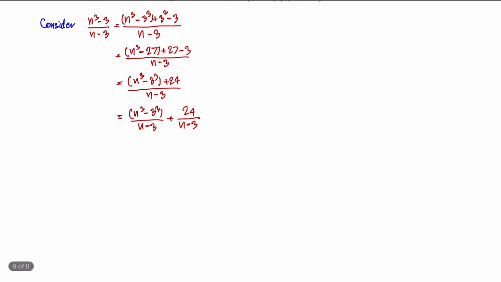I think we can factorize this one. Do not forget that the difference of cubes gives x minus y times x squared plus xy plus y squared.